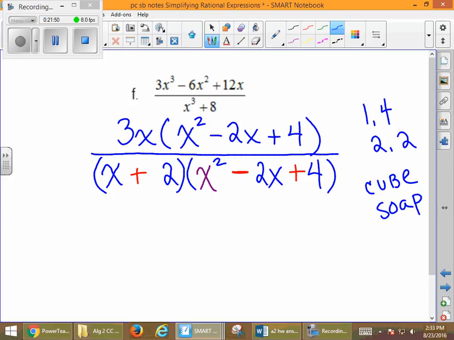We already have the signs in there. So to finish this problem here, once again, what we have to do is we have to ask ourselves, do we have anything exactly the same in the top and in the bottom? And what we see is we have the numerators and the denominator exactly the same. So we're going to end up with 3x divided by x plus 2.